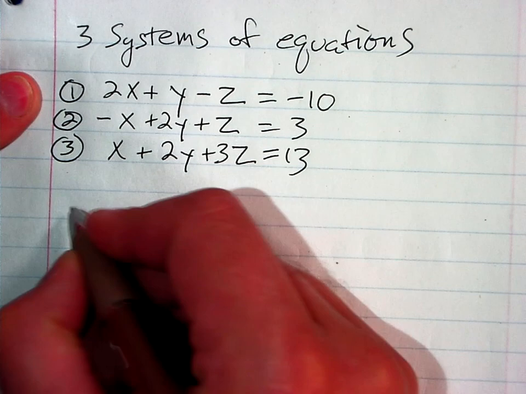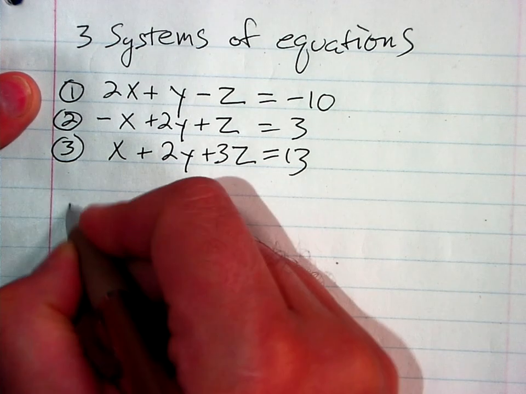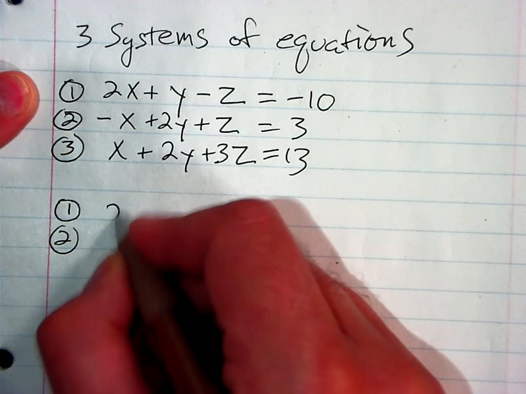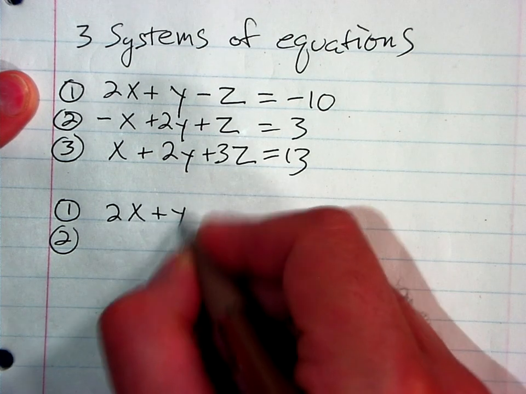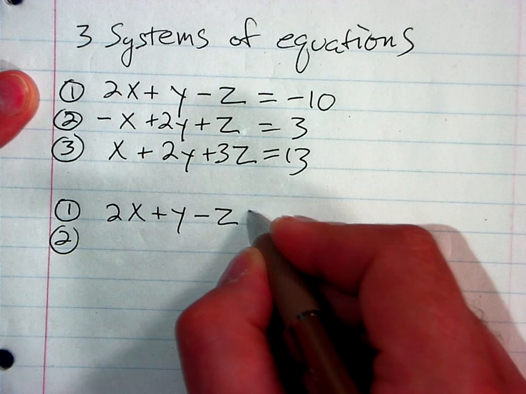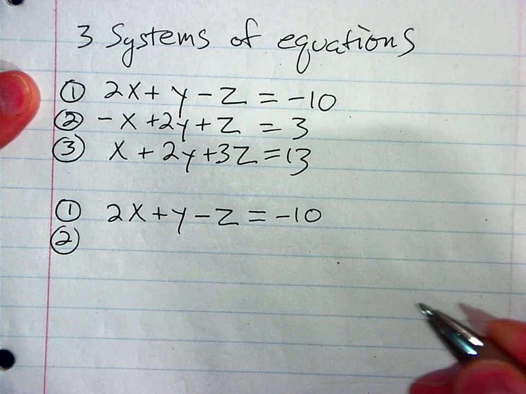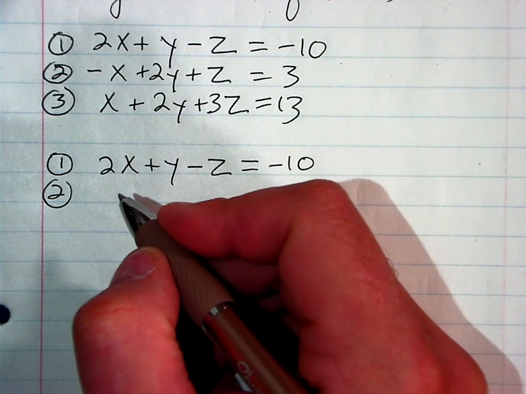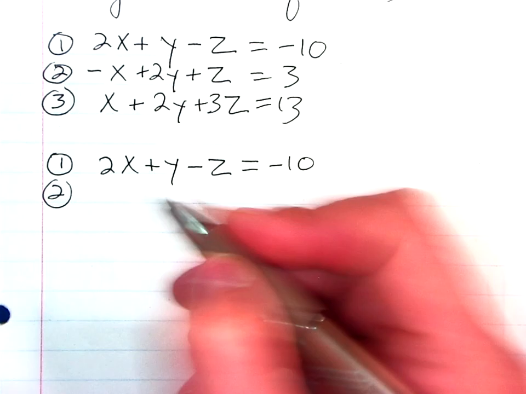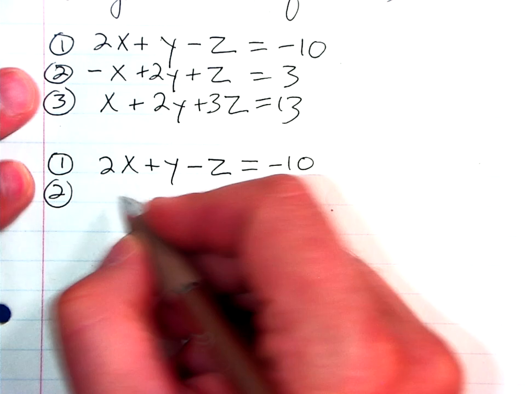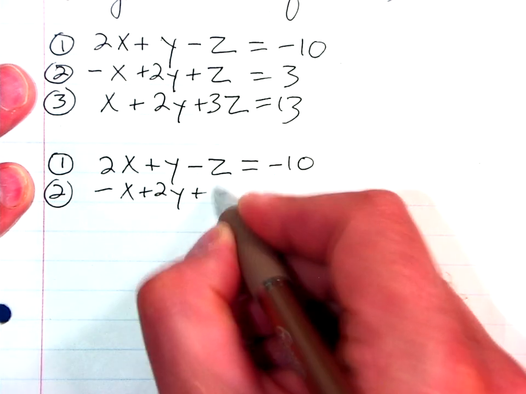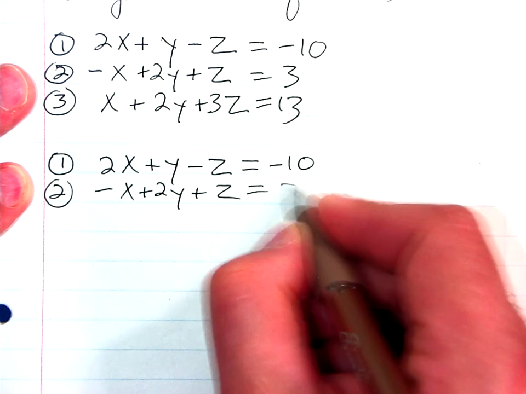So what I'm going to do is I'm going to write line 1 and line 2 because we're going to get rid of the z's very simply. 2x plus y minus z equals negative 10. All right, and line 2, negative x plus 2y plus z equals 3.